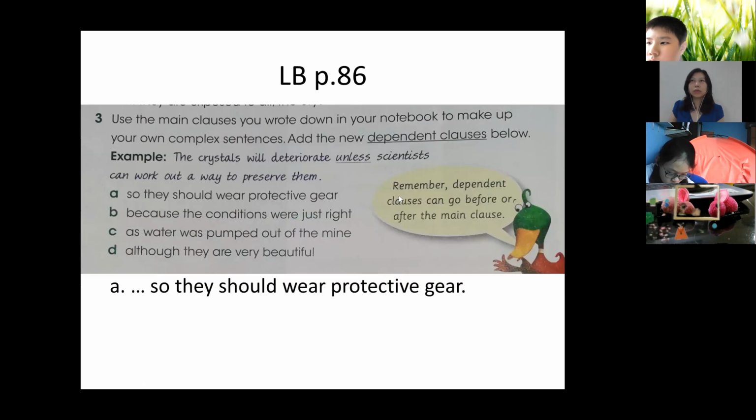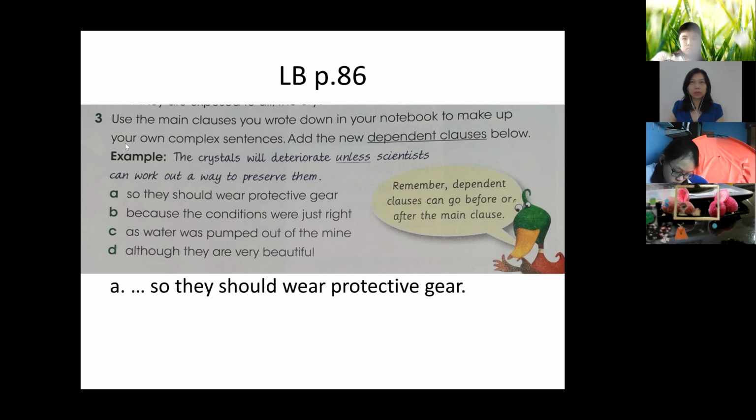Okay, I'll continue now. There you go. Now, children, those main clauses that you have written from number 2, you will use them again. Use the main clauses you wrote down in your notebook to make up your own complex sentences. Add the new dependent clauses now.